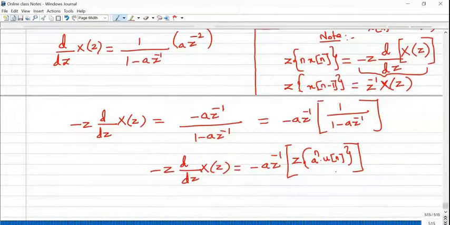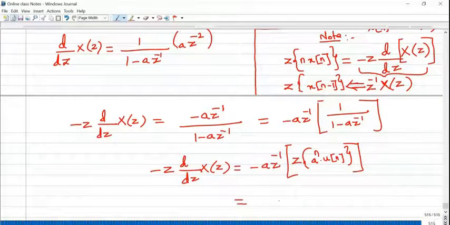But in this example, z power minus 1 is also available. So using the time shifting property, what would be the result of z inverse times x of z? It is equal to the Z transform of x of n minus 1, if we find the inverse Z transform.